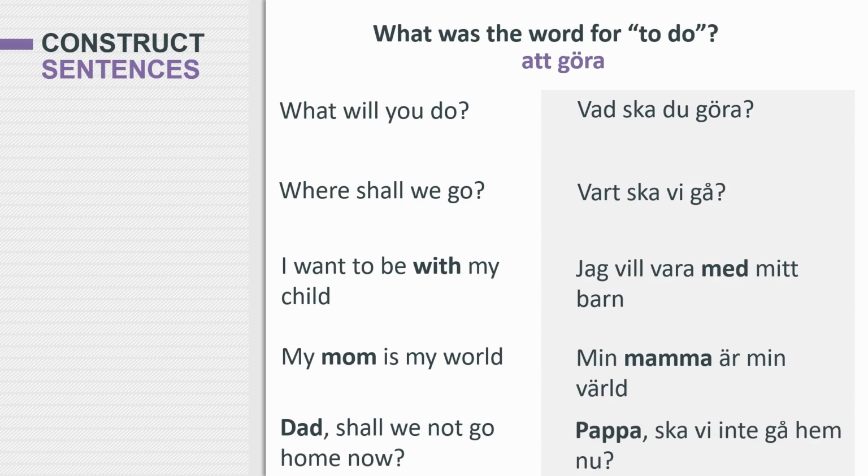Pappa, ska inte vi gå hem nu? And here, of course, you can say pappa, ska vi inte gå hem nu? Or you can say pappa, ska inte vi gå hem nu? You have to put the inte after the changed verb, ska. However, you can put it either before the vi or after the vi.